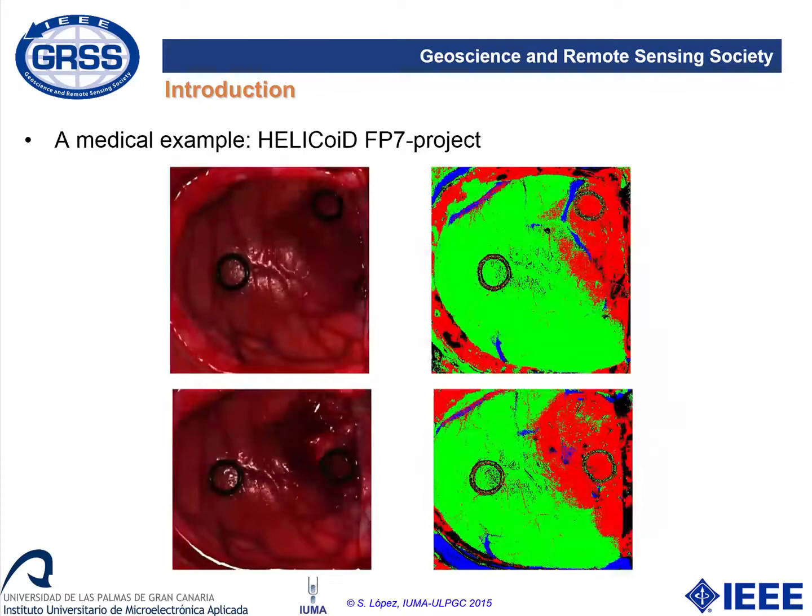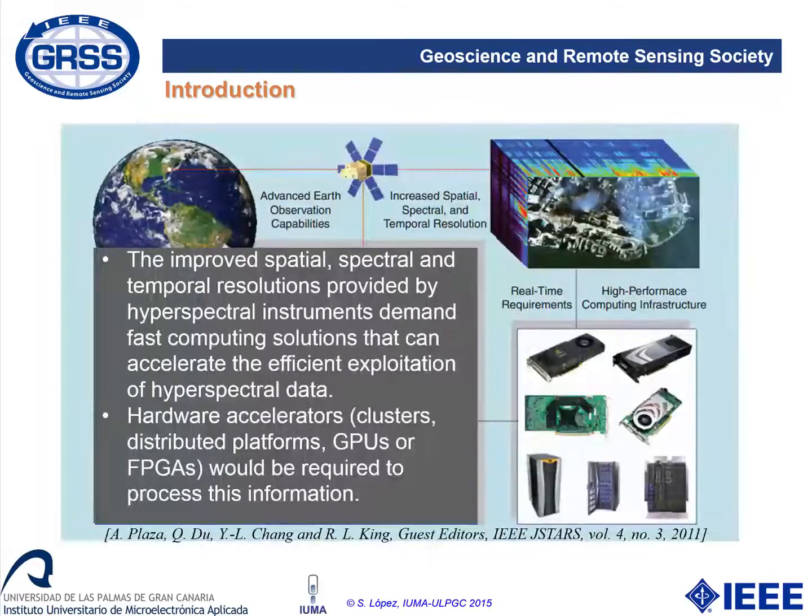And here are some results, colored in green for one of the results of the classification, and in red the other possible result. These markers have been allocated by the surgeons because they are our ground truth, in the sense that they know exactly what they have, whether this is healthy or non-healthy tissue.